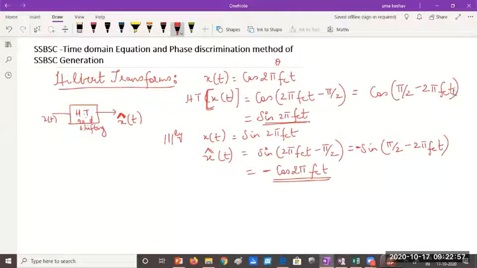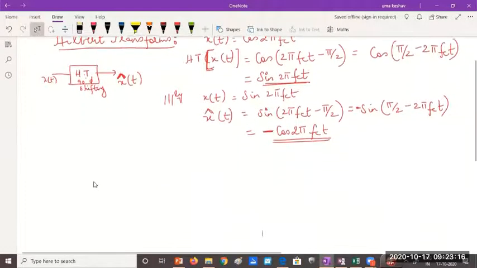Since we have to write it in this form, that minus sign will get absorbed in the cosine because it's an even signal. Whereas in the sine, the minus sign will be exclusively present even at the output. So these are the two basic Hilbert transforms which we need to know.